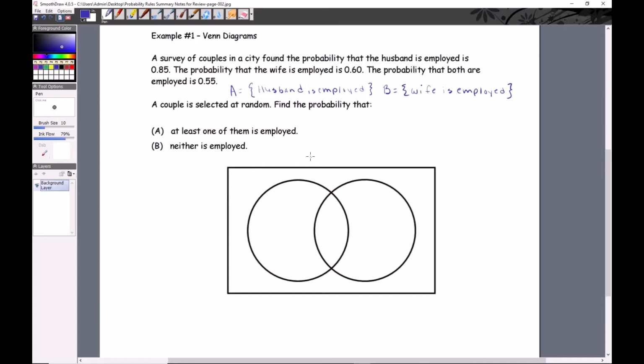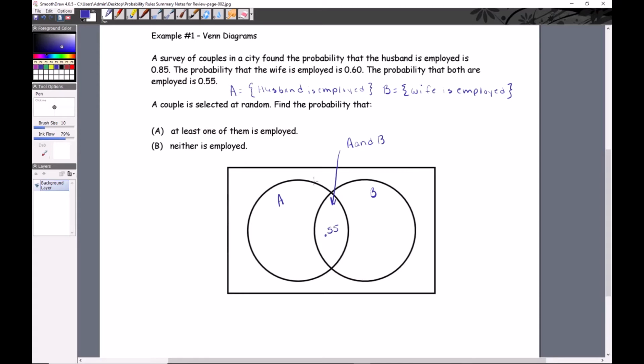Okay, remember how we handled Venn diagrams? You work from the inside out. So this whole circle is event A, for the husband. And this entire circle is event B, for the wife being employed. Where they overlap, right in there, is A and B, and let's put in that probability, 0.55.